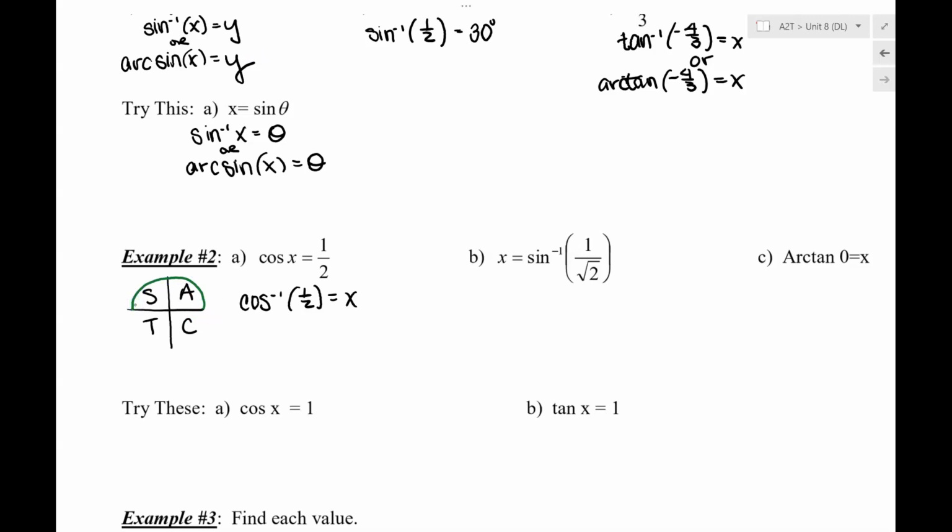So I need a positive cosine value, which is not going to exist in the second quadrant. We are now in the first quadrant. Cosine of 1/2, we know that, hopefully at this point, to be the x-coordinate of our 60-degree reference angle. So we're going to say that x is equal to 60, or you can say pi over 3. Either one is acceptable because it didn't state in the directions.